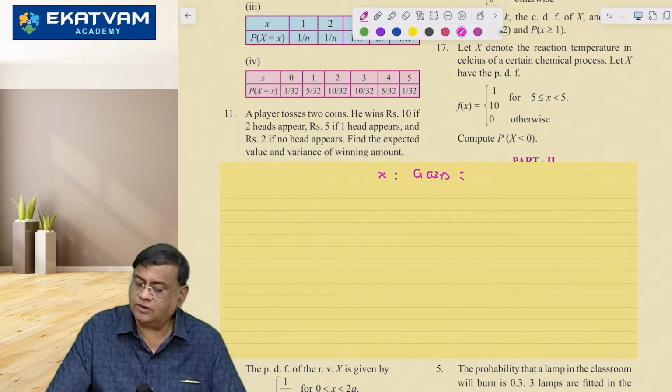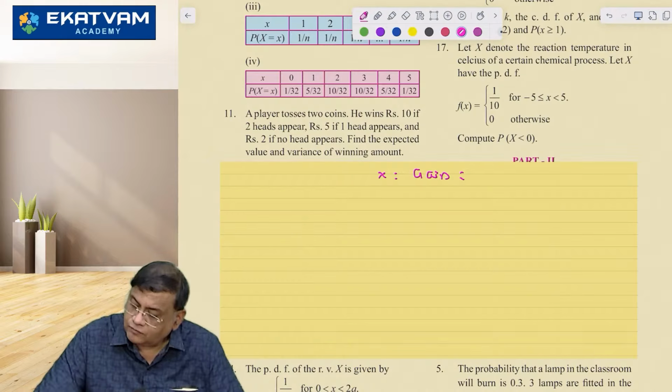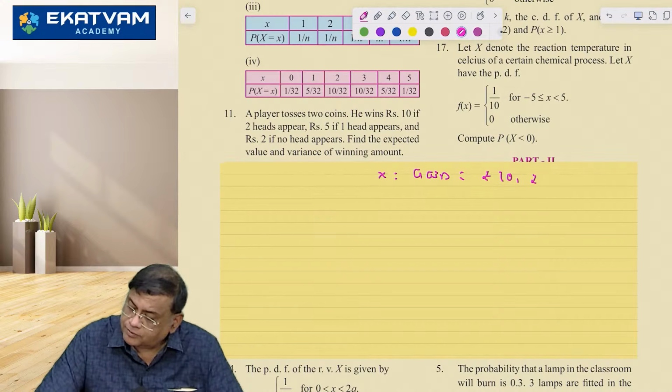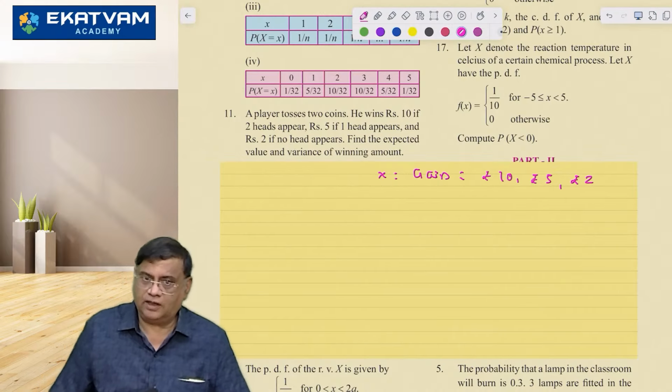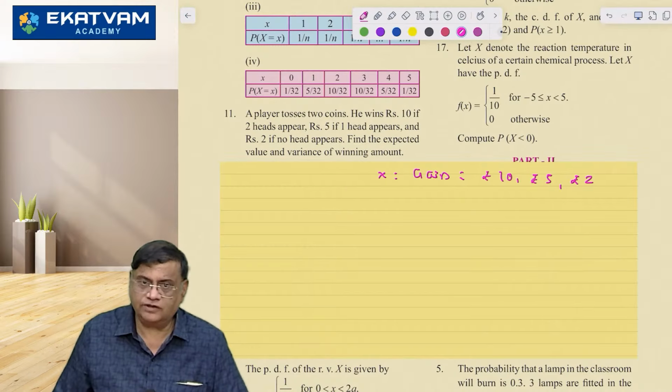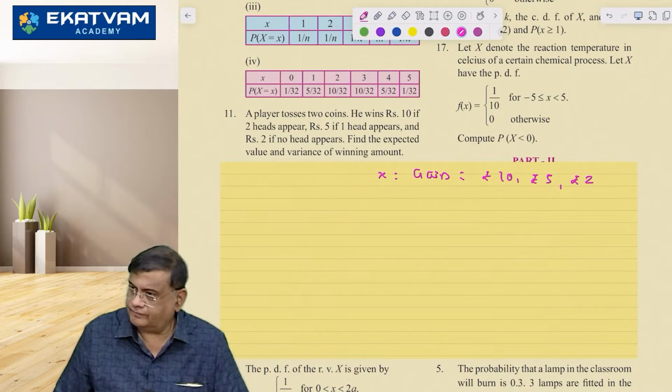He can win ₹10, so his gain is ₹10. He can win ₹5 if 1 head appears, and if 0 heads appear, then he gets ₹2. So here X is neither the heads nor the tails, but X is a gain.